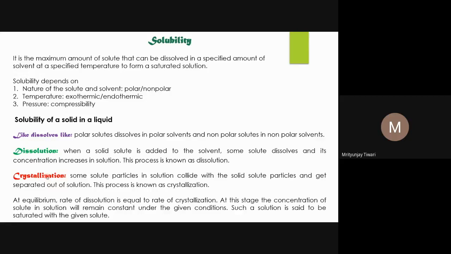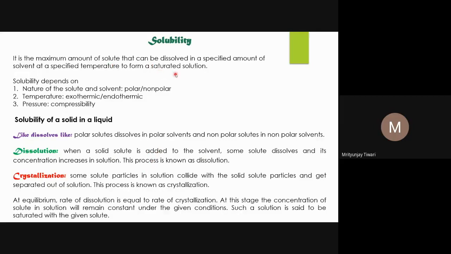And if the solute is a gas molecule, what will happen? Immediately the gas molecules will escape. The reverse process is the escaping of gas molecules from the solution phase. They will escape out and go to the gaseous phase where the other gaseous solute particles are there.